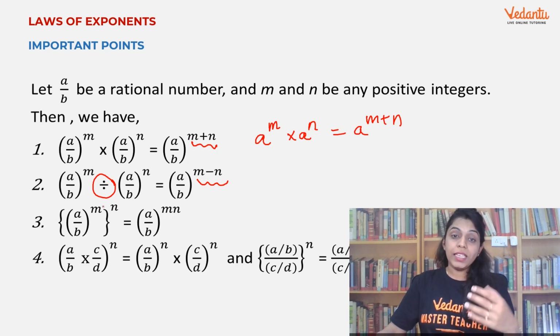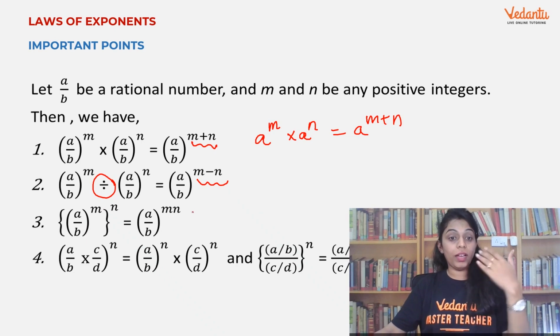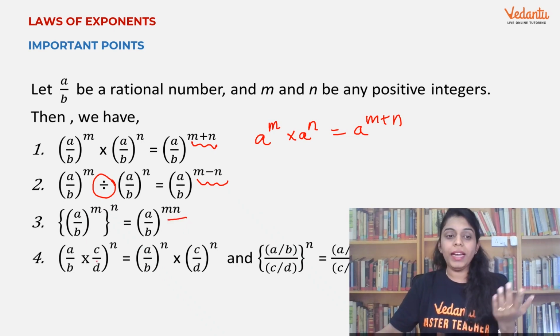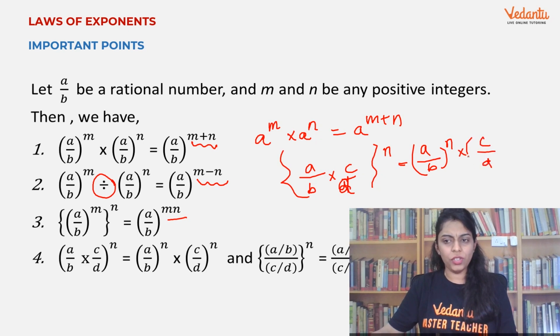अगर base के ऊपर दो powers multiplication में है, then it will be getting multiplied. And the same thing if two separate numbers are under the same exponents, then it will be a by b raised to the power n into c by d raised to the power n.